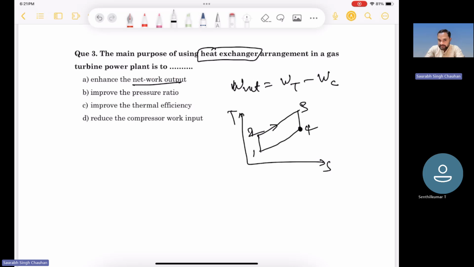So if the temperature of the gases at point 2 is lower than the temperature at point 4, what you can do is preheat those gases. The gases which are coming out from the compressor, you can preheat before sending them into the combustion chamber. So what will happen? You will utilize the enthalpy or the heat energy of the exhaust gases, right?